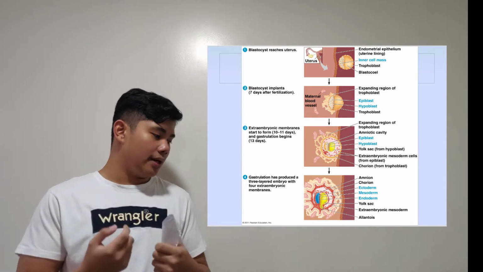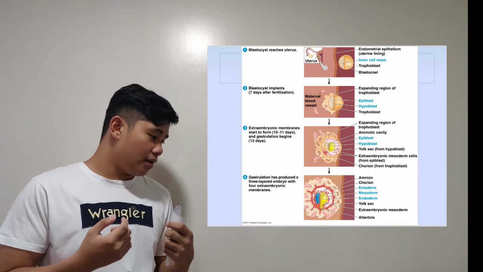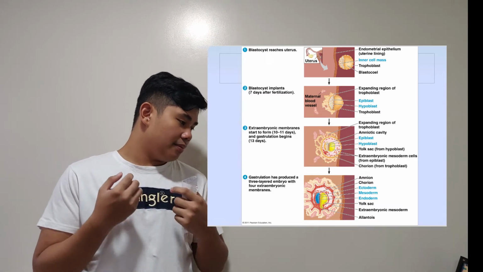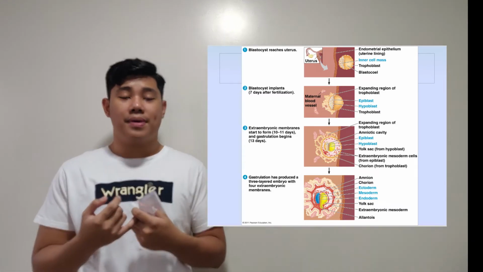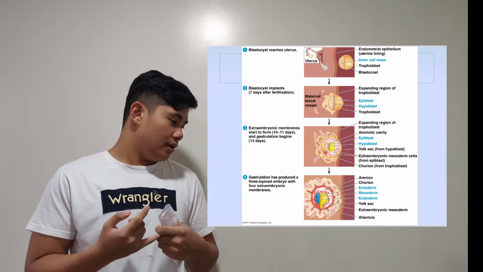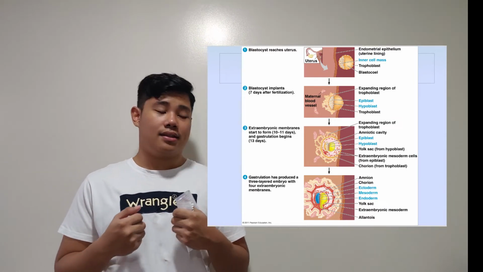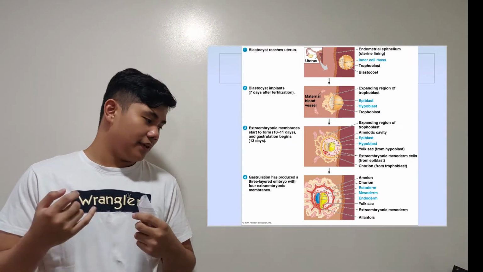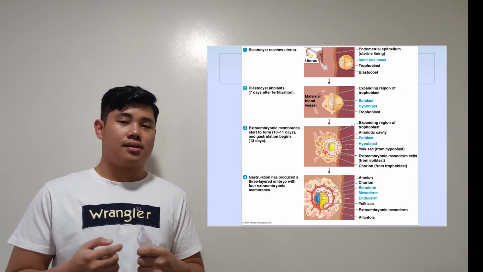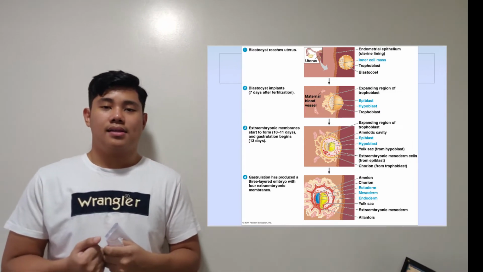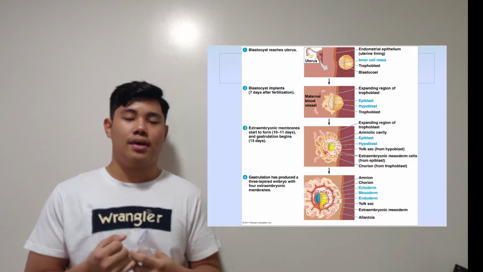On the third part, you can see that there are extra embryonic mesoderm cells appearing on its 13th day after fertilization, and it starts to develop and will turn slowly into a gastrula.